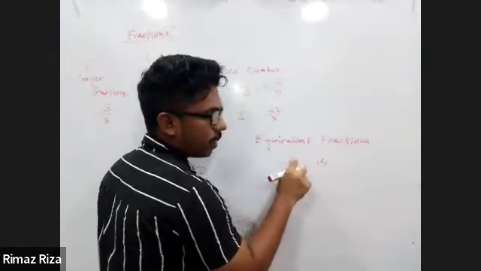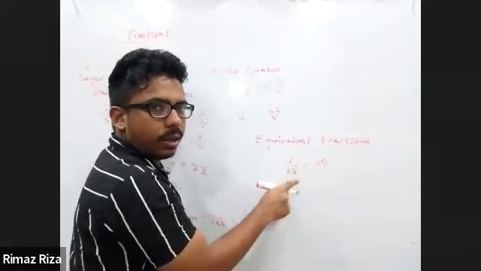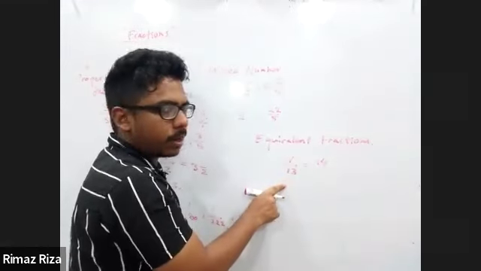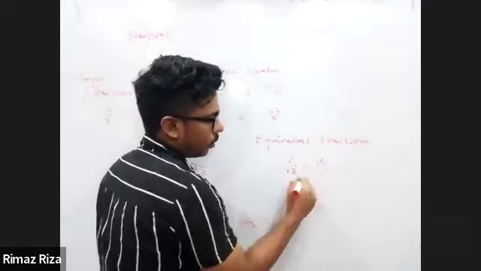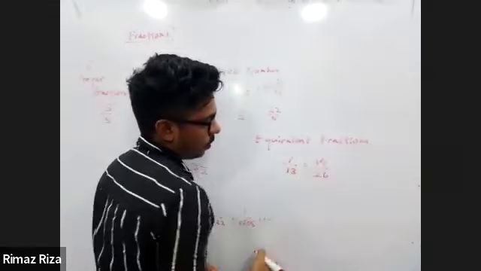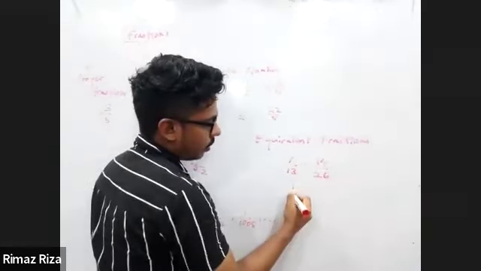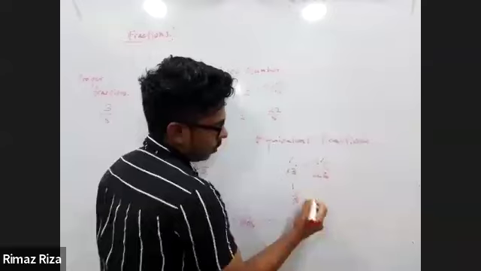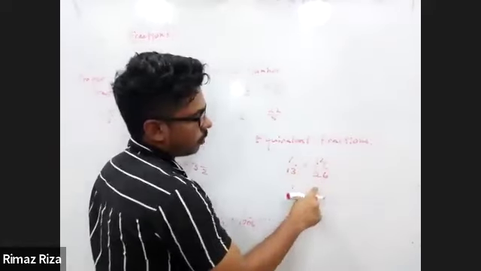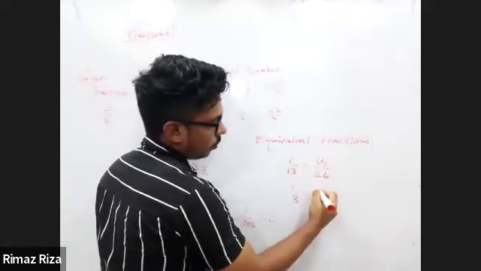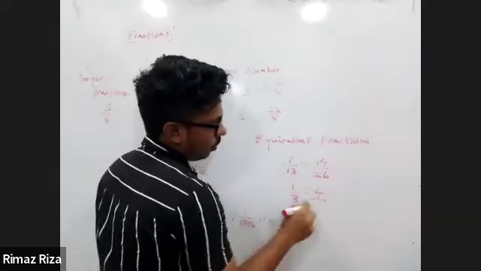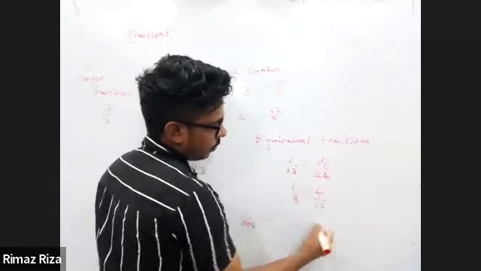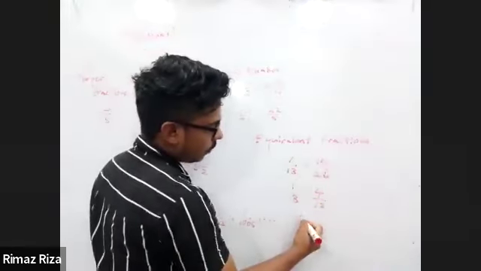So if I multiply the numerator by 2, then the denominator also should be multiplied by 2. So 13 into 2 is 26. Another example, let's say 1/3. Here I can multiply this by 4. So 1 into 4, 4. 3 into 4, 12.